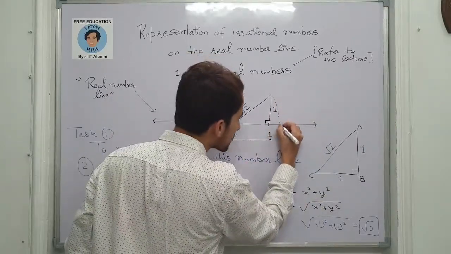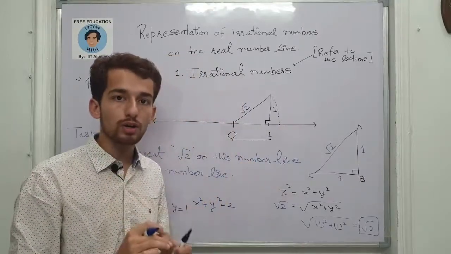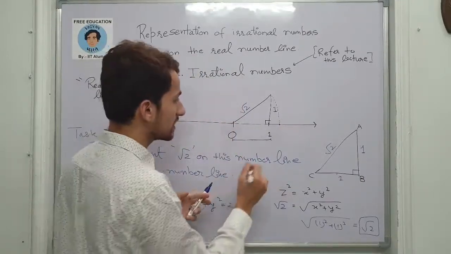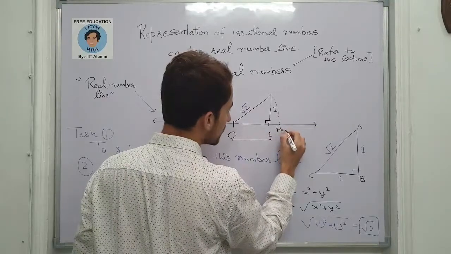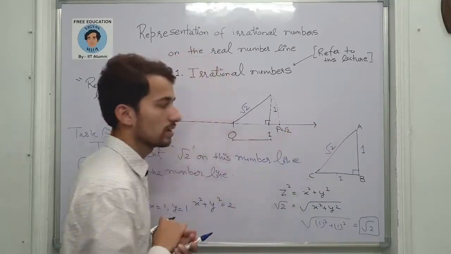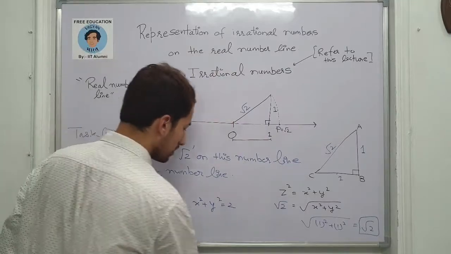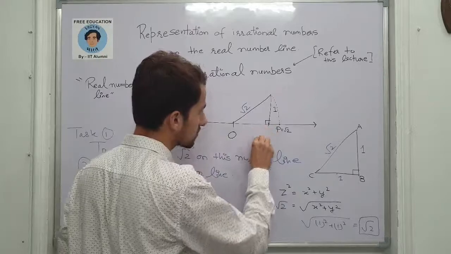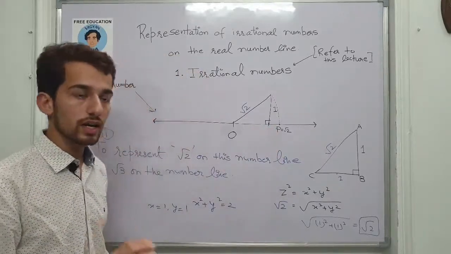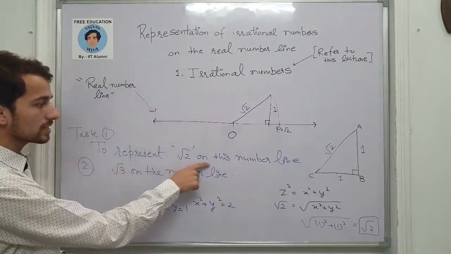This point on the real number line represents this quantity. If I call it P, then this P is the square root of 2. Fine? Now we have achieved the first task. We have represented root 2.